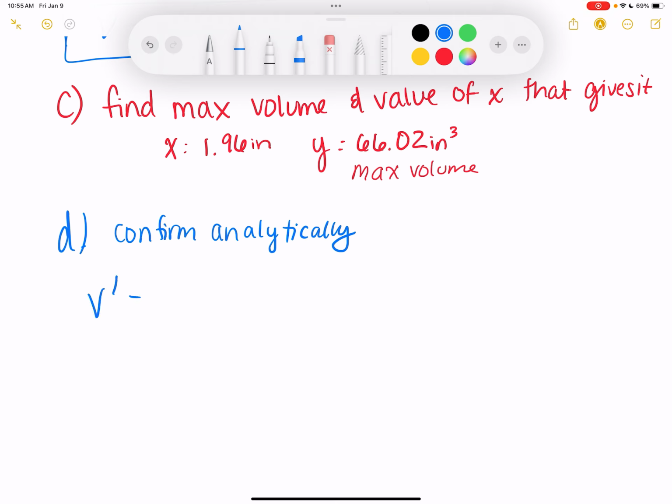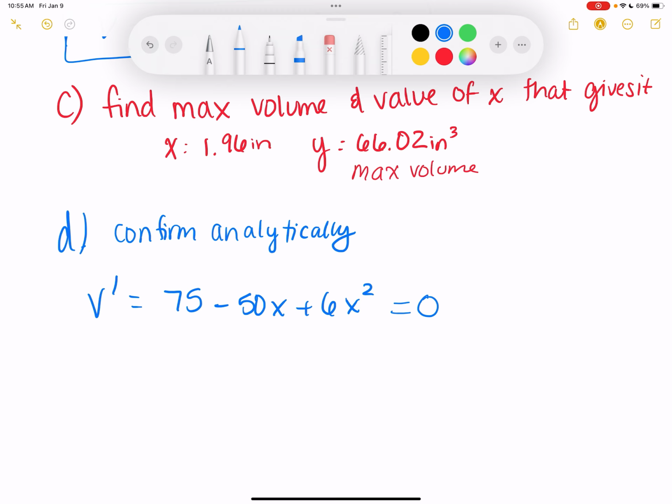So the derivative of volume would be 75 minus 50x plus 6x squared. And then we would set that equal to 0 and solve.